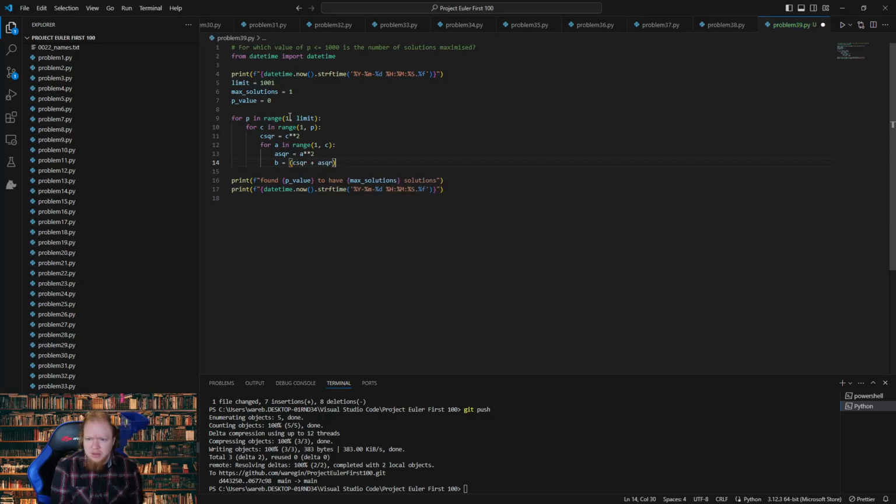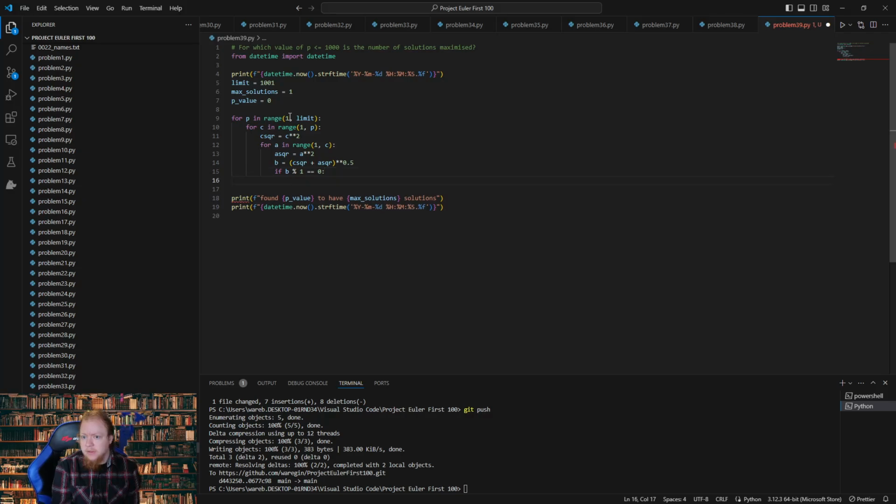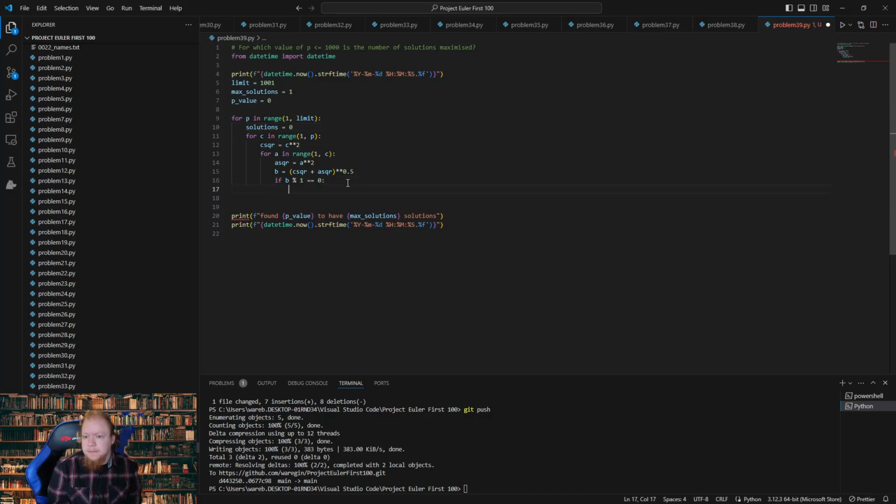I might one-line this, but if B mod 1 equals 0, then, hold on, solutions plus equal to 1. Yeah, I'm gonna go ahead and one-line this.